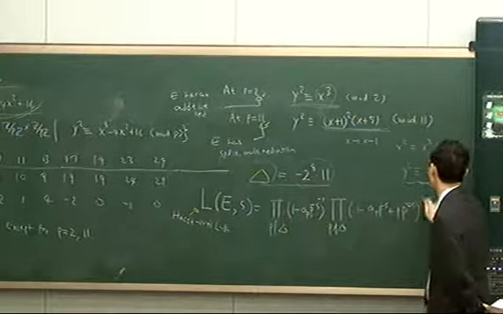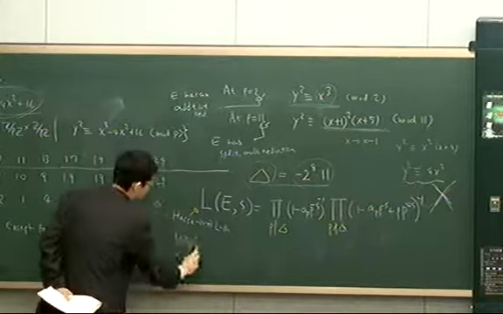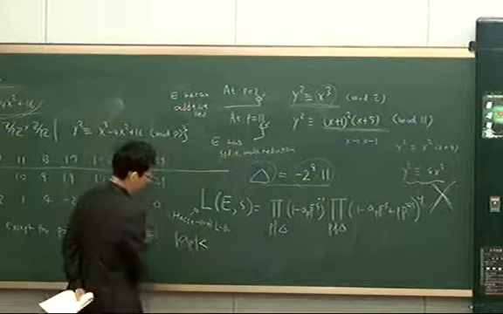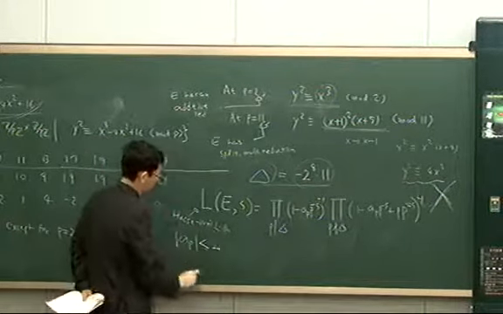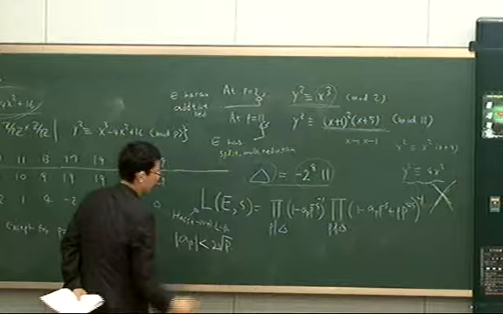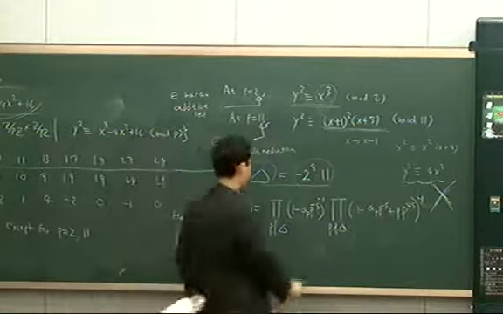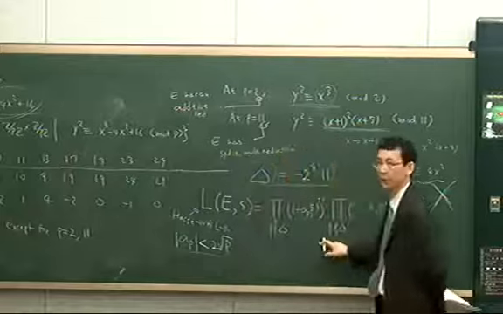Then Hasse's bound is that the absolute value of a_p is less than 2 root p. So the Hasse bound gives the range of convergence of this L function.